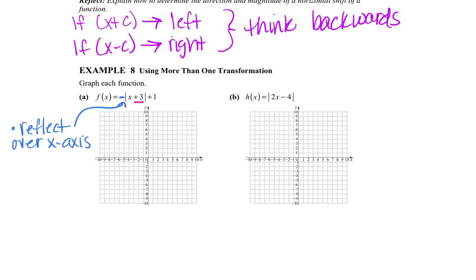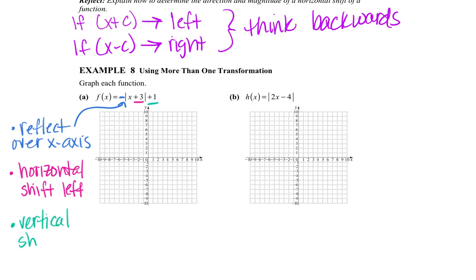This plus 3 in here is going to be a horizontal shift right, or sorry, left. Horizontal shift left. And then this plus 1 is going to be a vertical shift up.